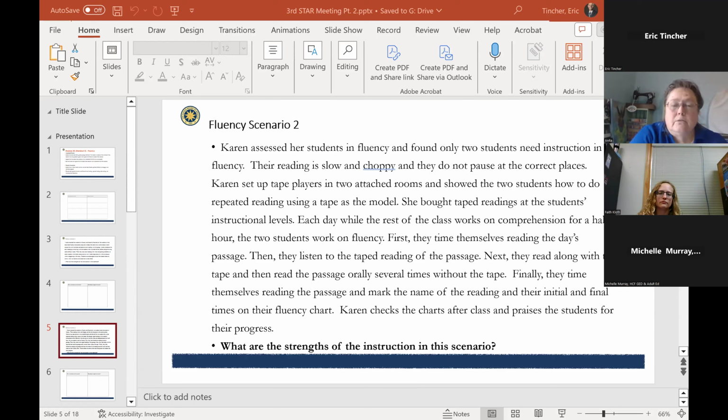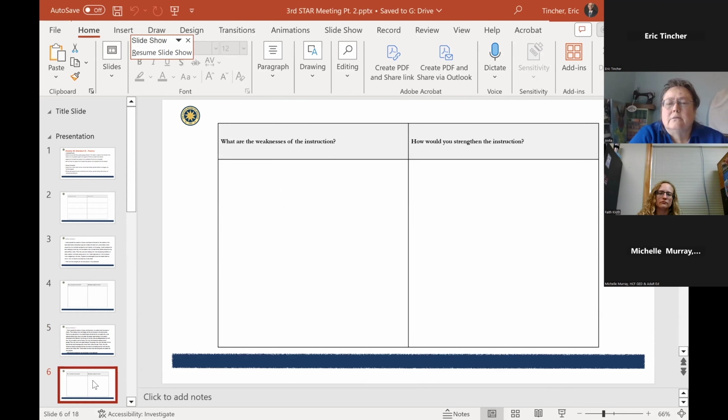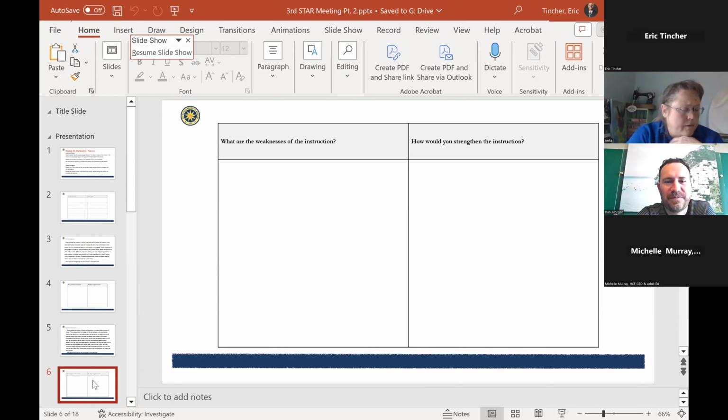the weaknesses is, of course, she's not with them, right? They could be sitting on their phone and just write in the chart instead of actually doing what they're supposed to. Okay.